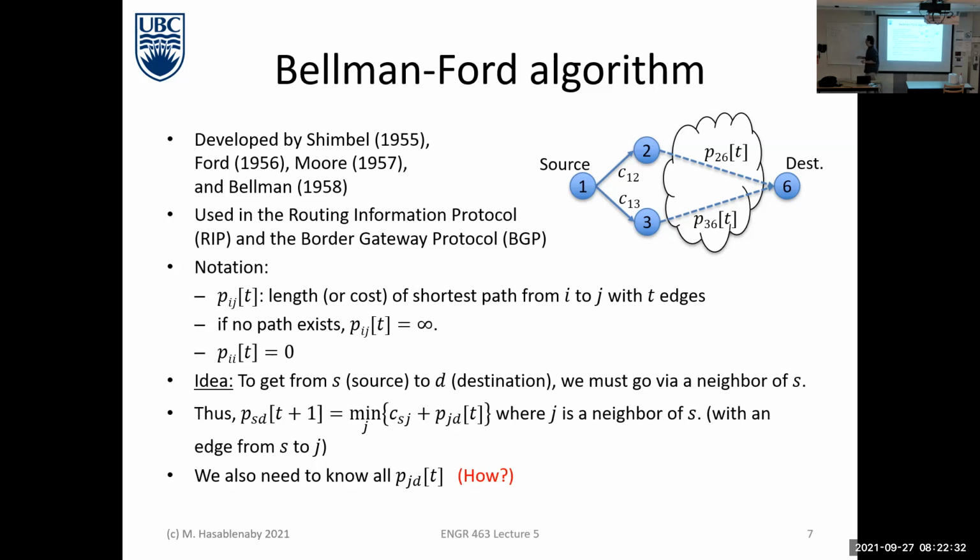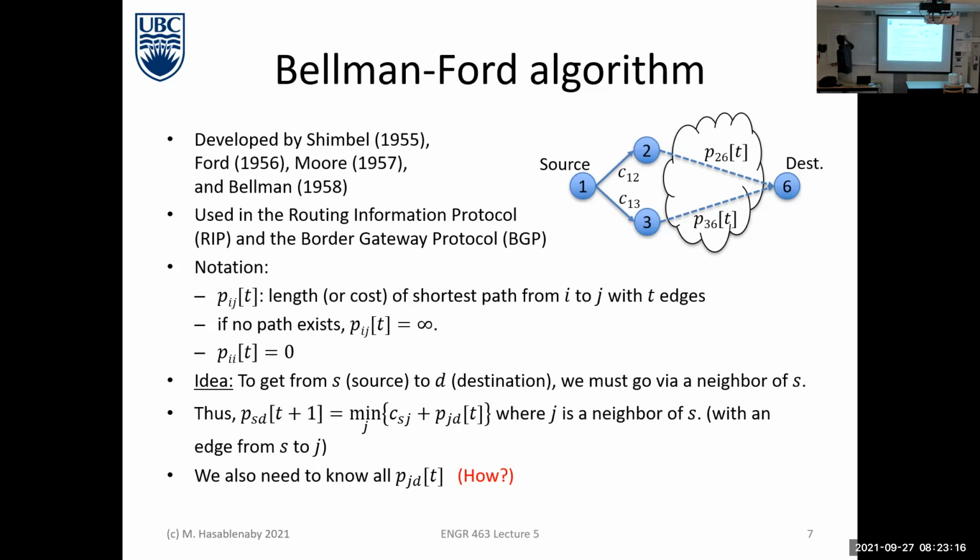Also, I can write it as the cost from source to node 3 plus the base cost from node 3 to the destination. So your optimization problem here is to minimize this function or this function. We want to minimize the cost from source to destination, so we want to select the path with the minimum sum of the costs over the links. This is our optimization problem that we want to solve.